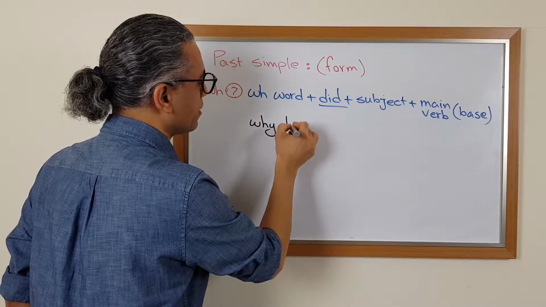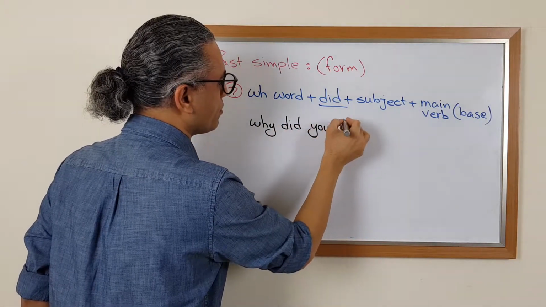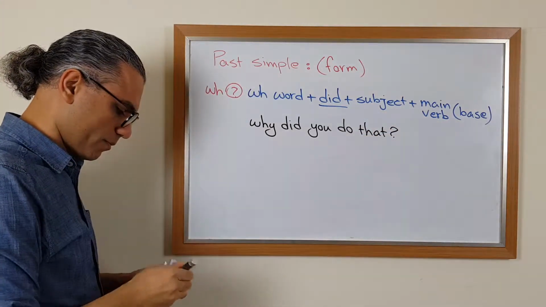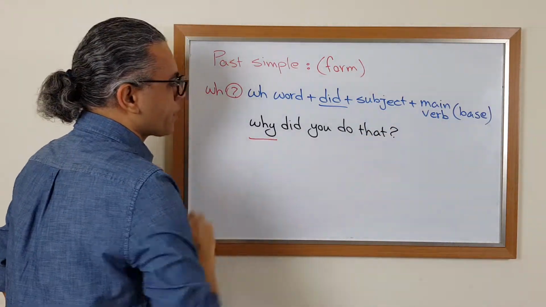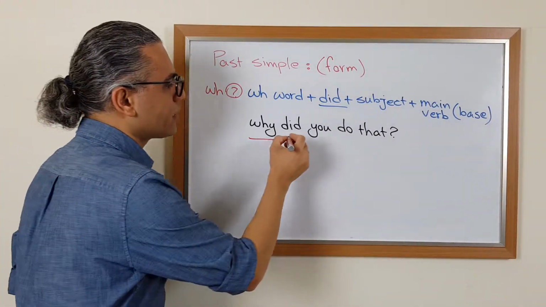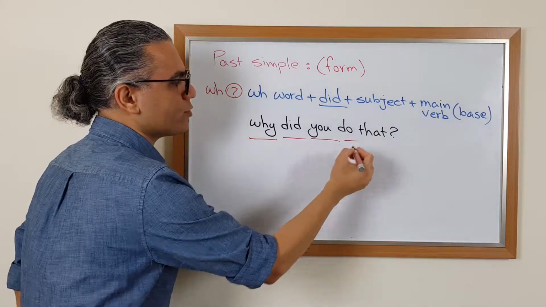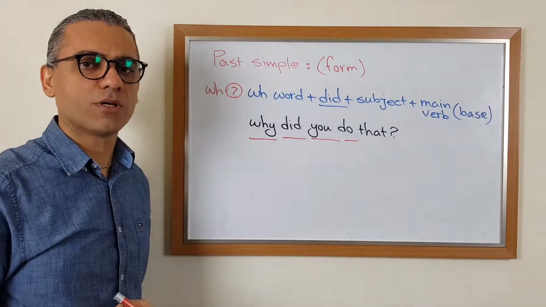Why did you do that? Why is your WH word, did auxiliary verb, you is your subject, and do is your main verb in the base form.